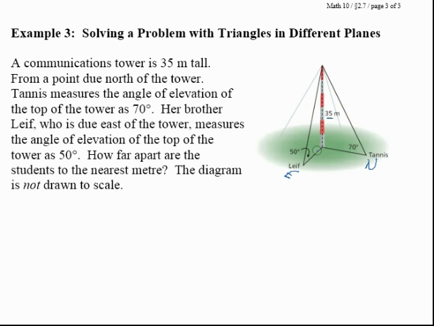Now, the key to this is that if this is north and this is east, this angle is 90 degrees. So we actually have three triangles here. I'm going to label, I'll do this in red, this side A, this side B, and this side C. So let's draw out the three triangles that we have.